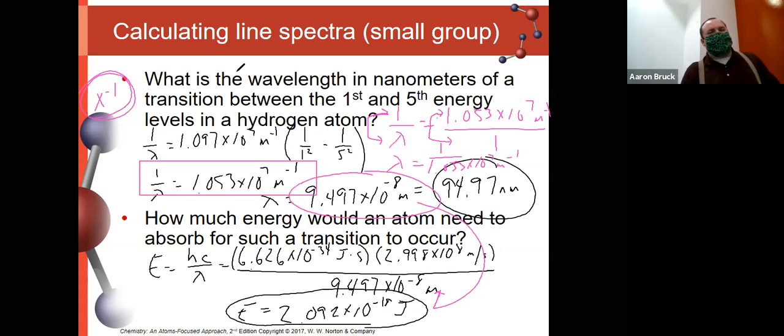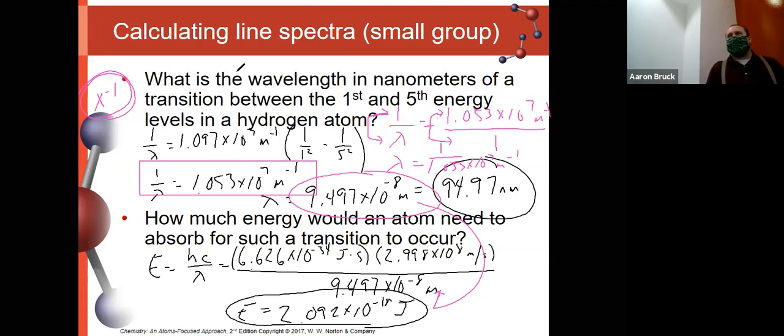And again, this would be an electron promotion, meaning that the atom absorbed energy, and in the process of absorbing that energy, it promotes an electron from the first energy level to the 5th energy level. And that's why our wavelength was positive. That's why our energy was positive here as well.